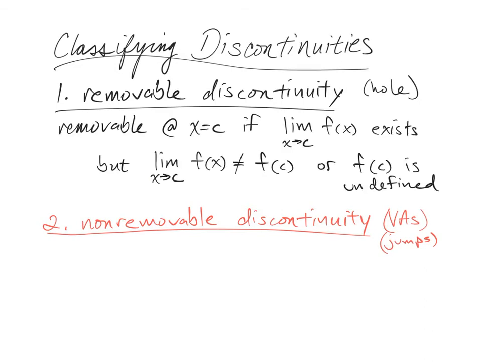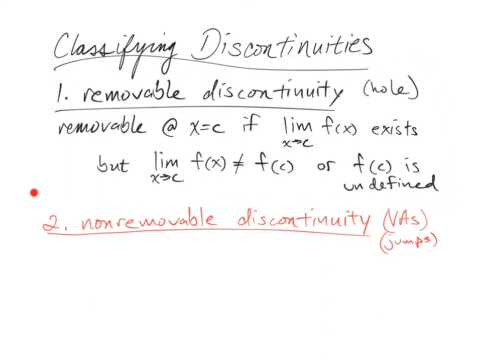A function has a removable discontinuity at x equals c if the limit exists. Note, this is a two-sided limit, but the two-sided limit of f of x as x approaches c is not equal to f of c, or f of c is undefined. You will see some pictures of what this looks like on the next slide.